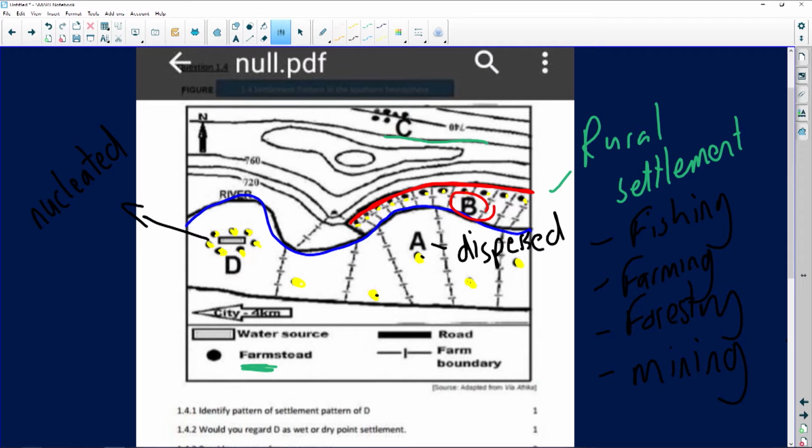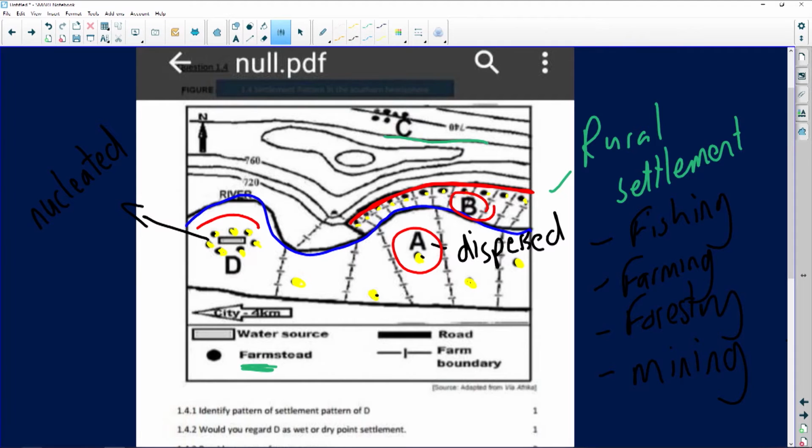So it gives them access close to major transport routes to be able to get their product to the market. Now, if we look at settlement A, for example, they are situated next to a river. So the river can provide them for water for irrigation purposes to be able to make their product grow.